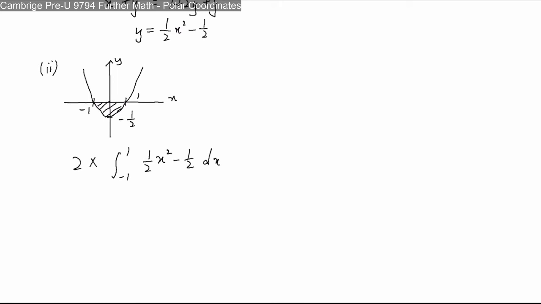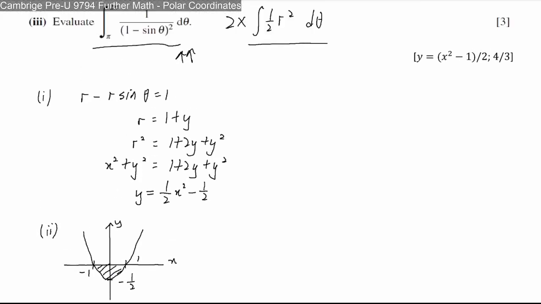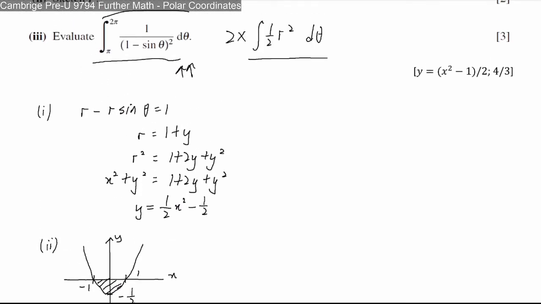Another thing we have to be careful about is this is the thing that we want to evaluate. If we were to do that using polar, just integrating with the usual half r squared d theta, that is an area. If it is an area, we are not supposed to get a negative value.